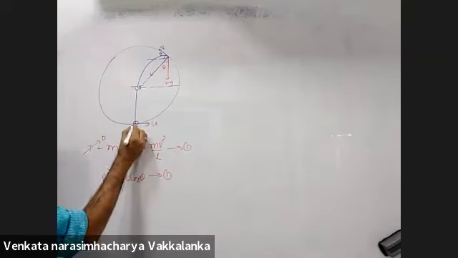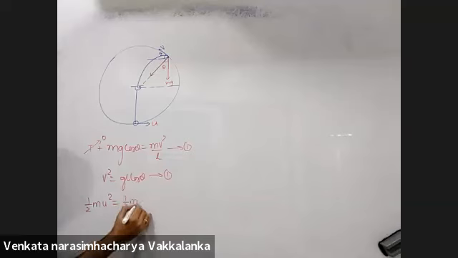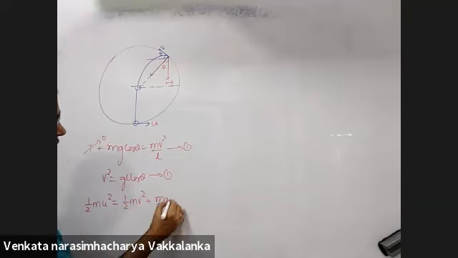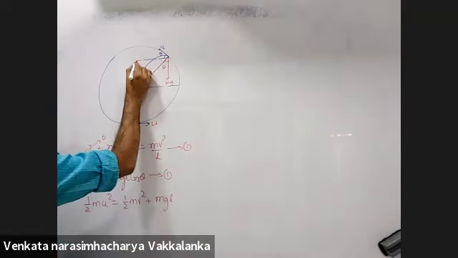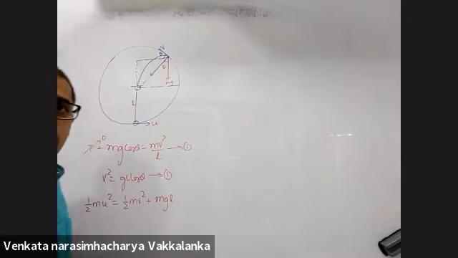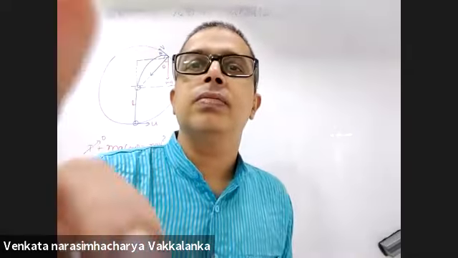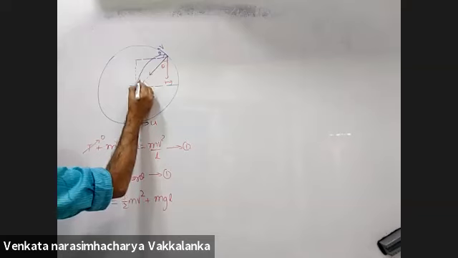Second, conserve the total mechanical energy here and here. Half mu square is equal to half mv square plus mgL plus mgL cos theta. This is theta, this is theta.